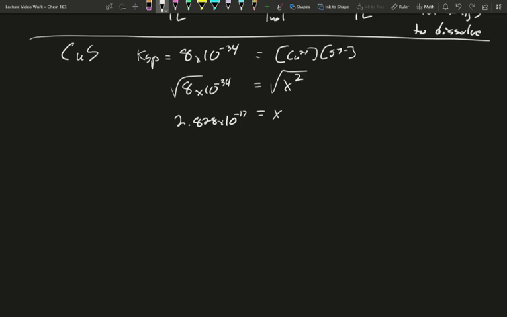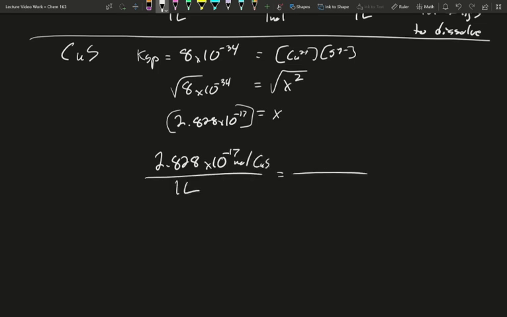If we were in 1 liter, it'd be that many moles. But we don't want 1 liter, we want 1 mole. What we know is that this is the concentration, how many moles per liter. So 2.828 times 10 to the minus 17 mole in 1 liter. This has to be true for whatever volume we go up to. If we double our volume, we'll double our moles. If we quadruple our moles, we'll need 4 times the volume.